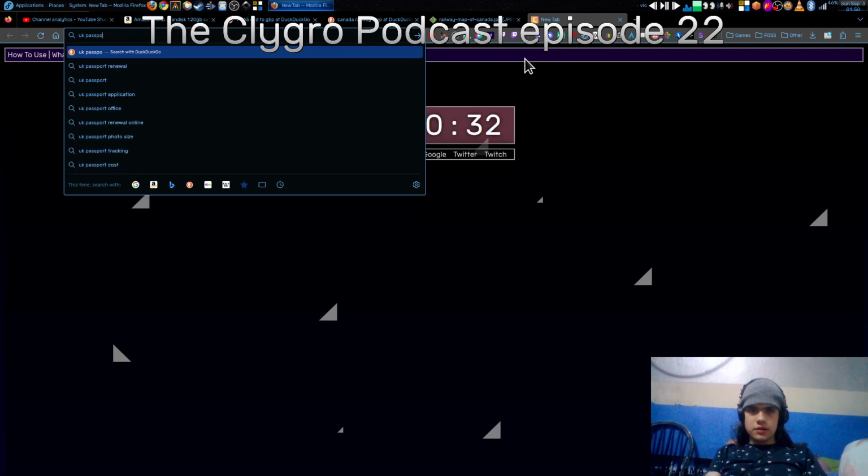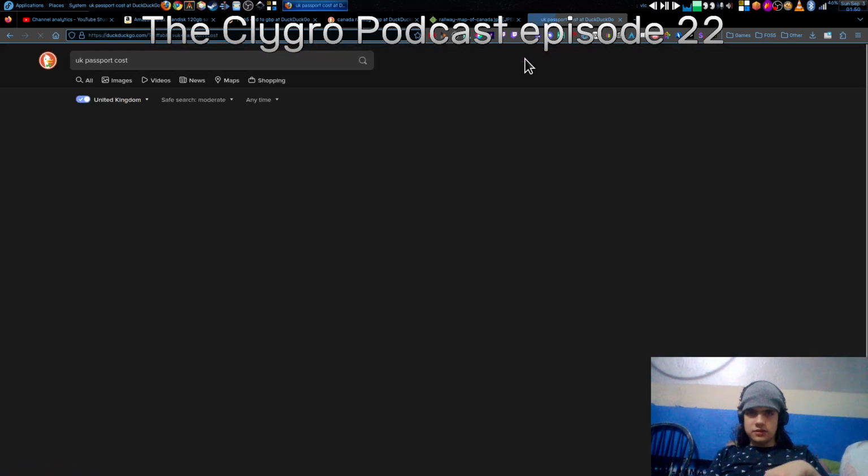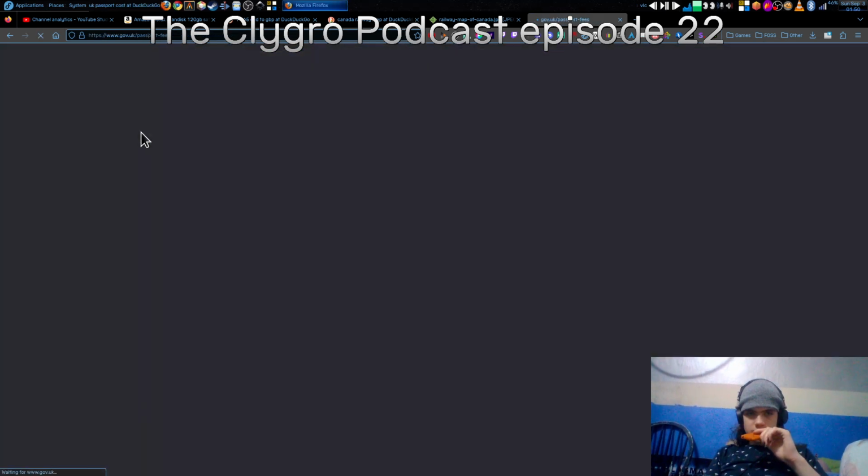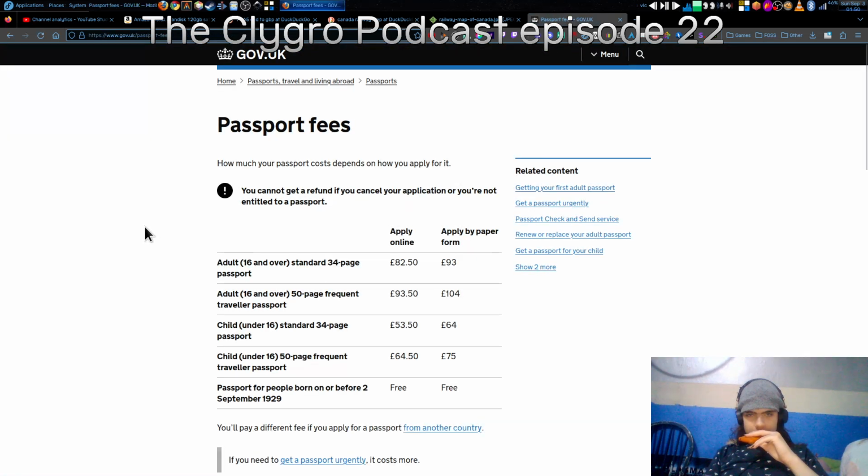UK passport cost. What does the passport cost? Passport fees. Standard page. What does a frequent traveller mean? I think it might mean you get stamped when you go to other countries in your passport. I might be wrong. Also, it's even more expensive when you're over 16, which is me, of course.